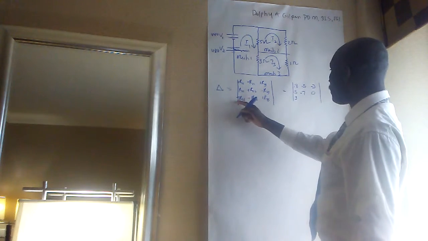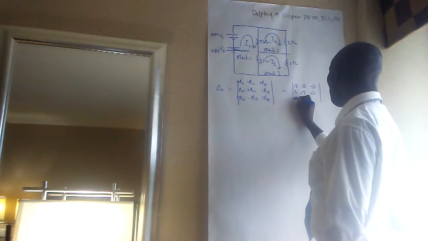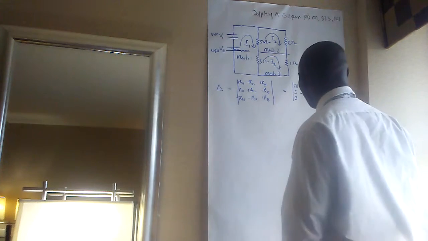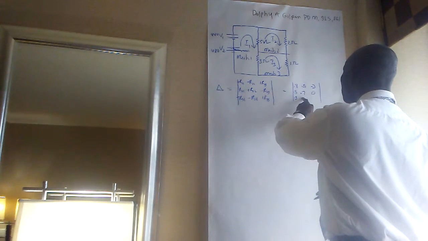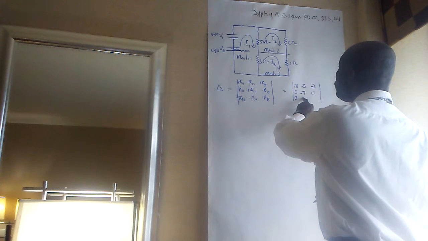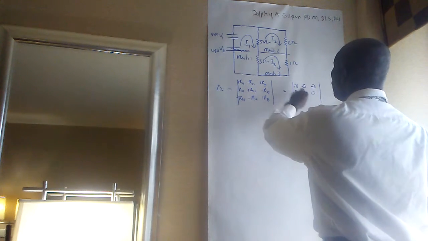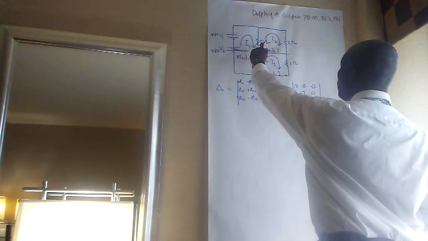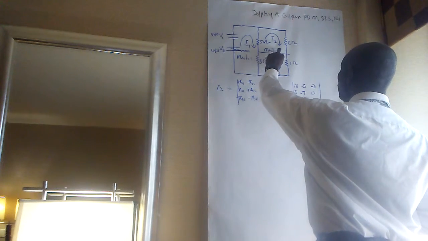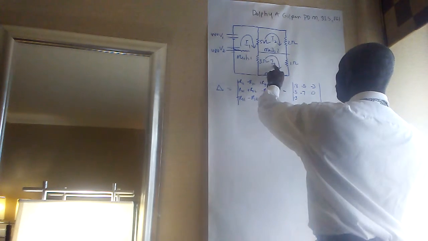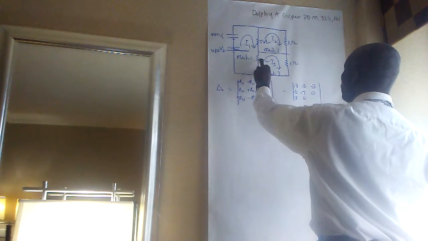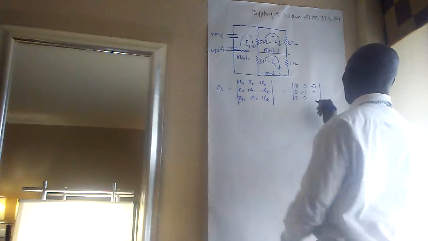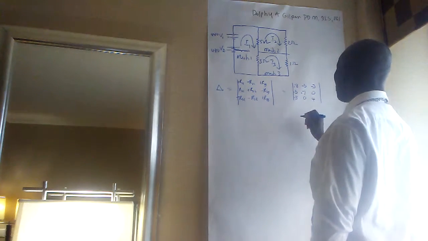Should be a plus according to this sign here, but because of the mutuality, mutual resistance takes on a negative sign. And R32, resistance common to mesh 3 and mesh 2, is 0 again, and R33 is 3 and 1, 4 ohms. Make it as simple as possible.